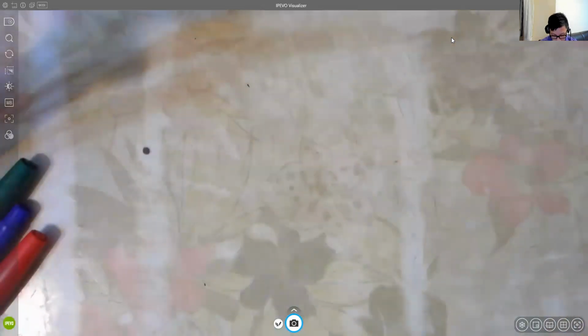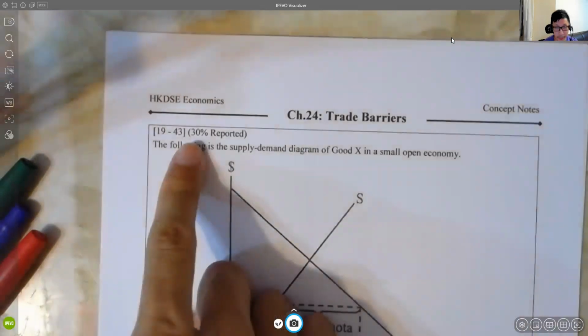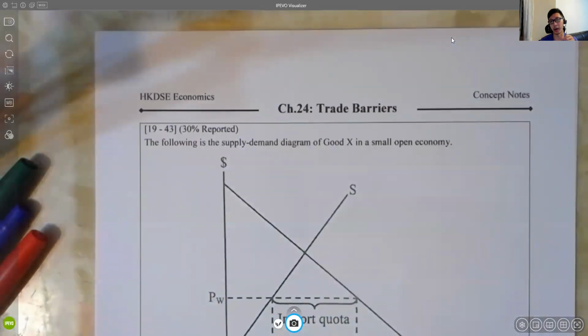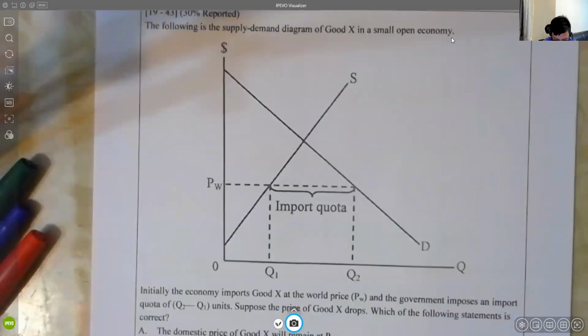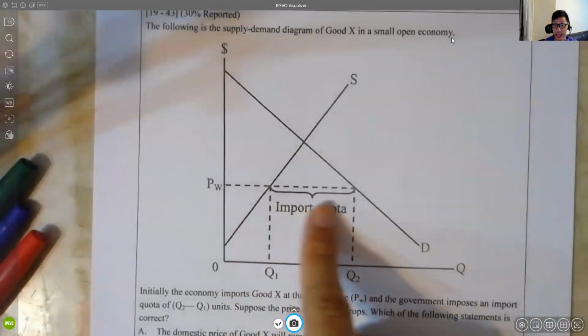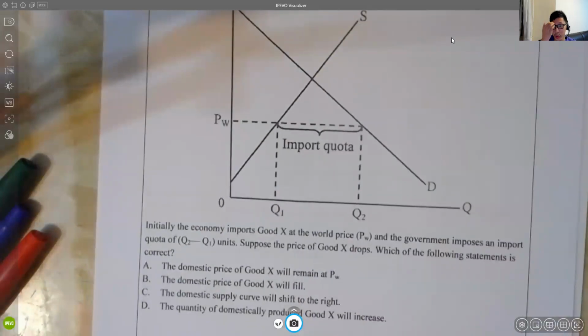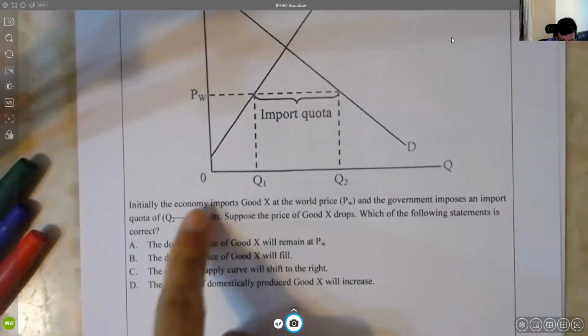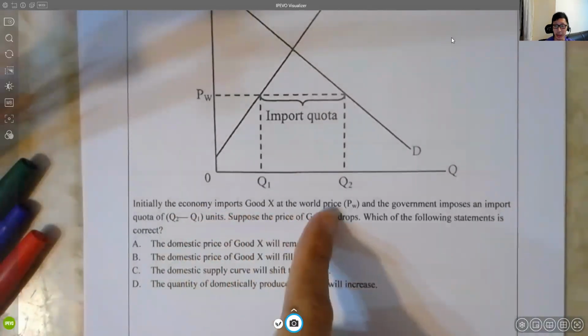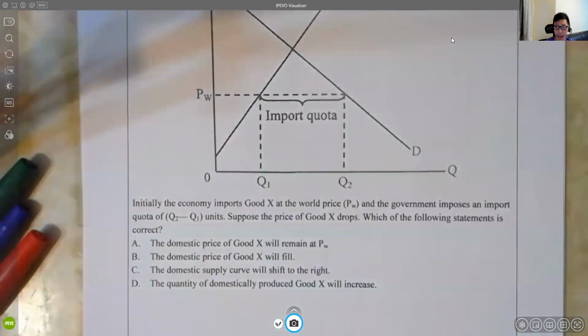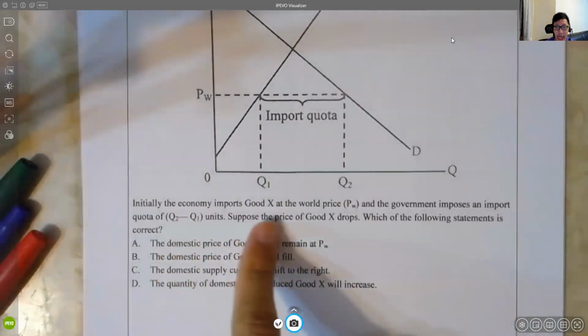好啦，now this one we are done. 3 more questions and we will call it off，係咪啊？係啦，3 more questions，right？好啦，now here this time 30%. 一流啊，呢條係咪？Of course it is in the report，right？好啦，shows again 你見啊，import quota just used up，right？Now it says initially at world price P-dub and the government imposed an import quota.